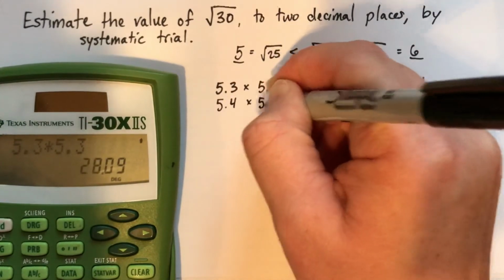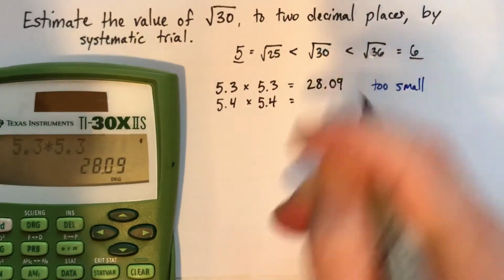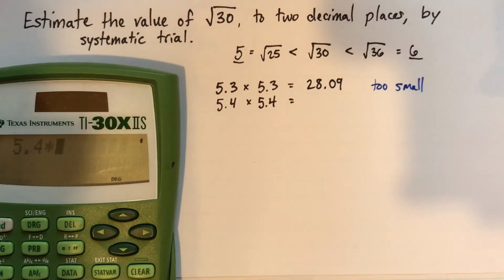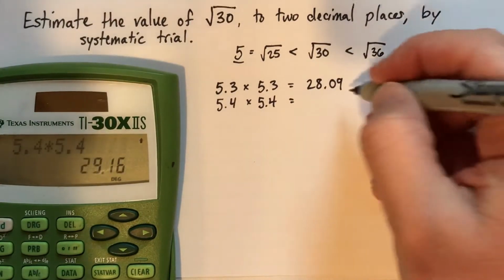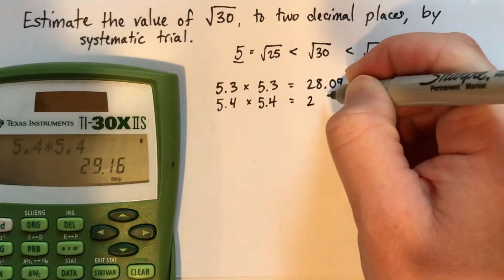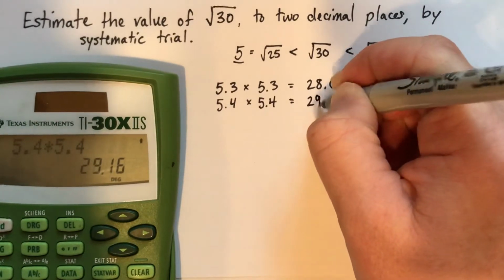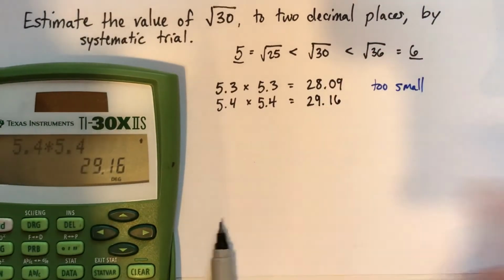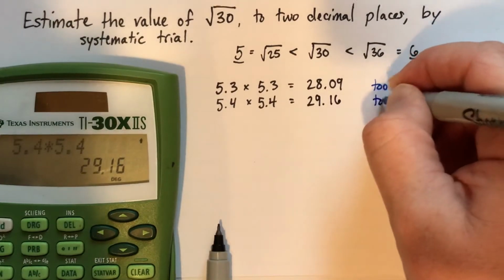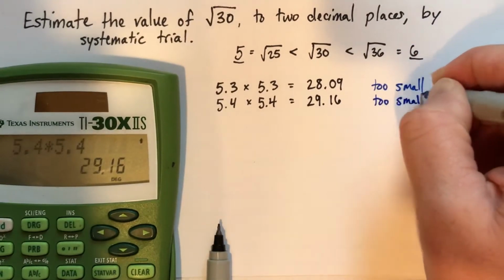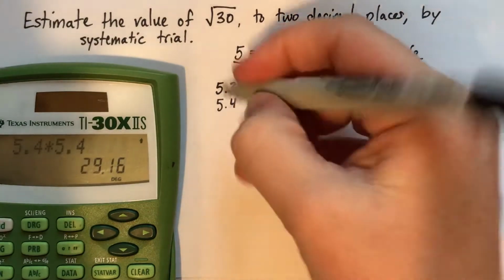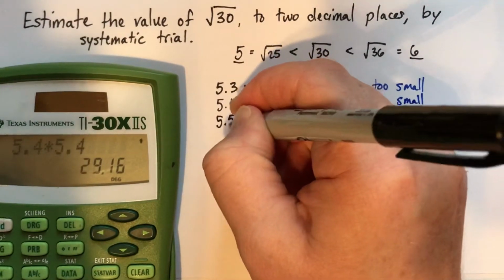So I'm going to multiply 5 4/10 by itself. So that's 29 16/100, which is again too small. But I'm getting close. So let's try 5 5/10.